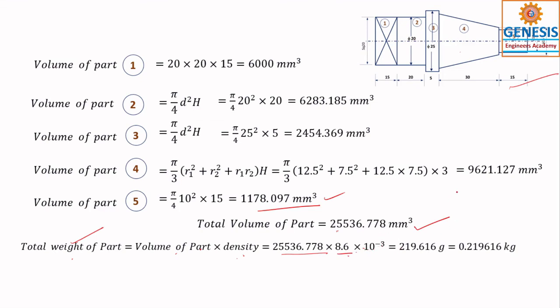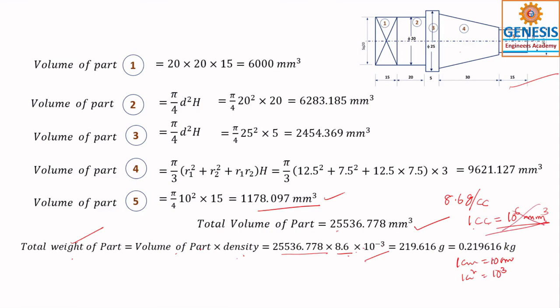The density given is 8.6 grams per cc. 1 cc is equal to 1 centimeter cube, which is 10 to the power of 3 mm cube. So you verify whether this is correct or not.